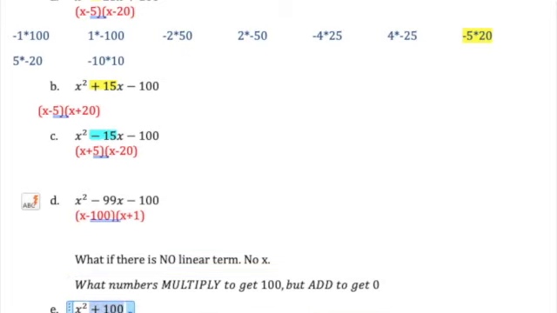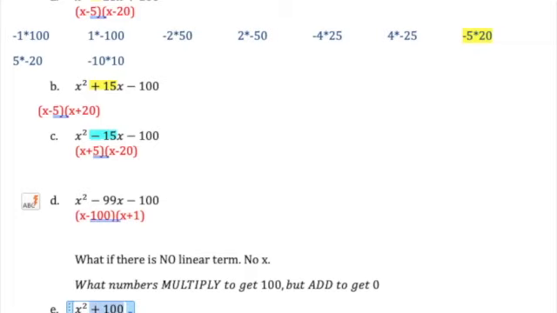So for our first one, multiplies to get 100, adds to get 0. Let's look at all our factor pairs. 1 and 100, -1 and -100, 2 and 50, -2 and -50, 4 and 25, -4 and -25, 20 and -20.